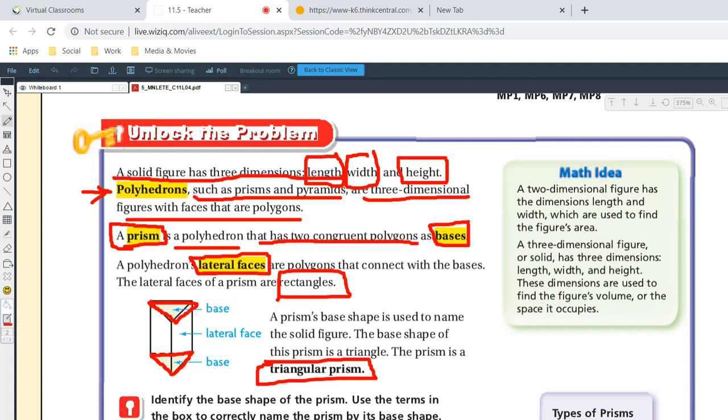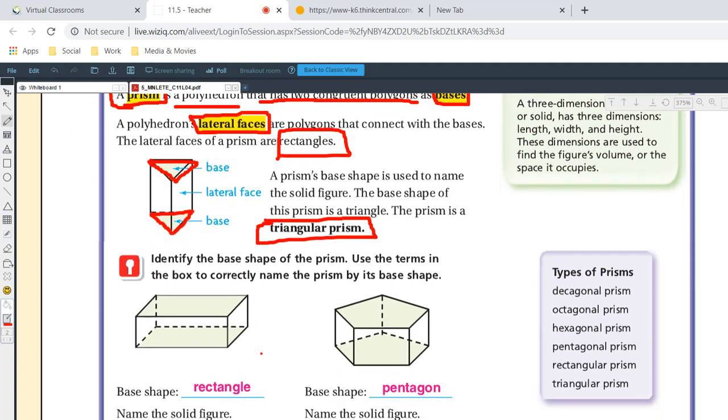So the name of the prism is given according to the shape of its base.